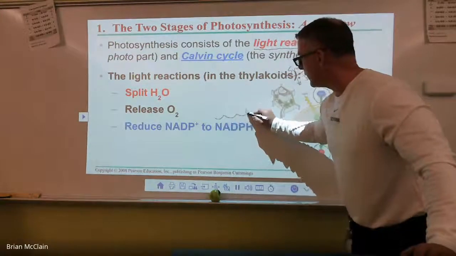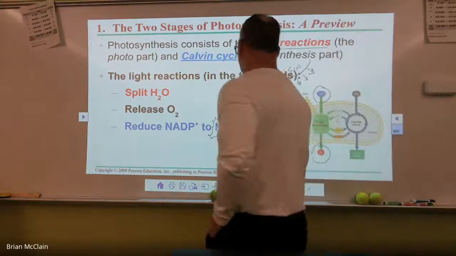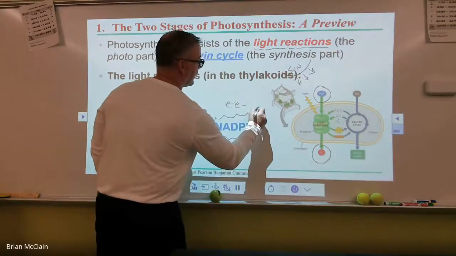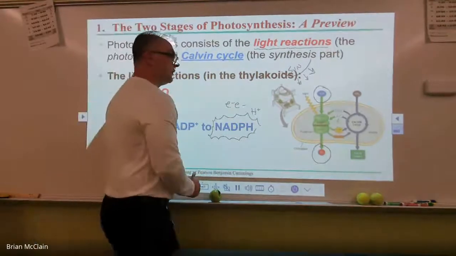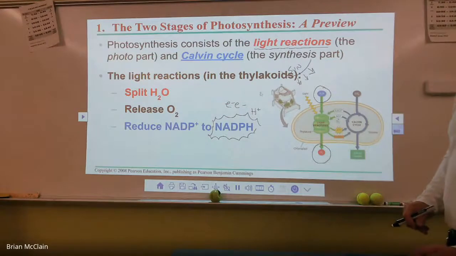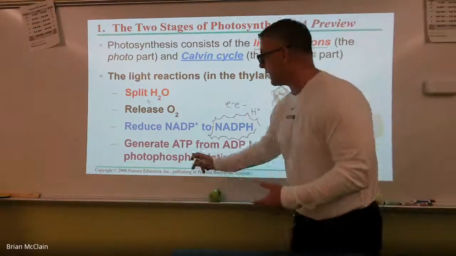So we're going to generate this molecule. And what does this molecule carry? It carries with it high energy electrons and protons. So we pick that up very much like what we did during the respiration process. And the other thing that we're going to do is generate ATP.